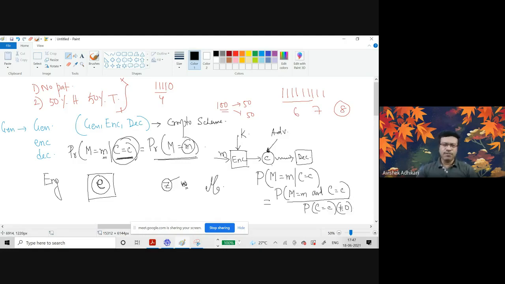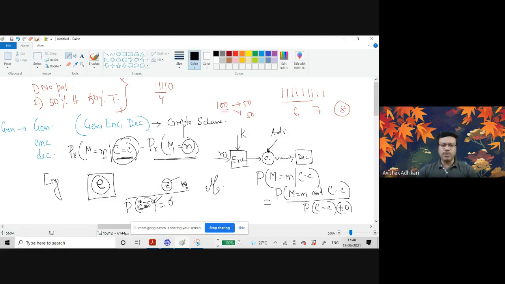Moreover, what is the meaning of the probability of C being 0? That means that particular ciphertext is not used anytime. There is no chance of using it. So we are not considering that kind of ciphertext. We are considering the ciphertexts which have some probability of being used. The probability of capital C being C equal to 0 means this C is never used.